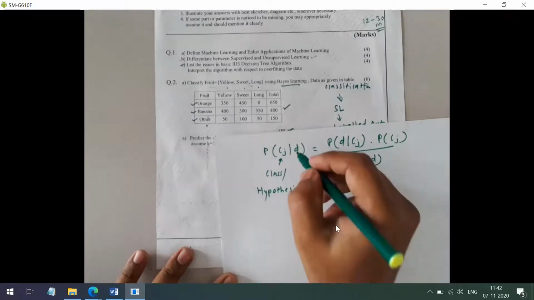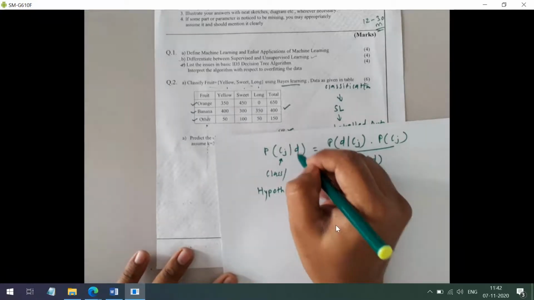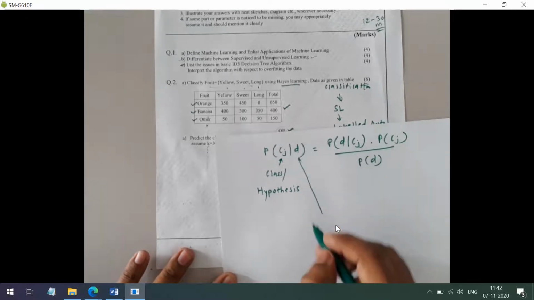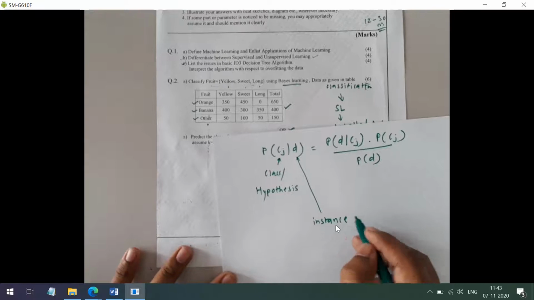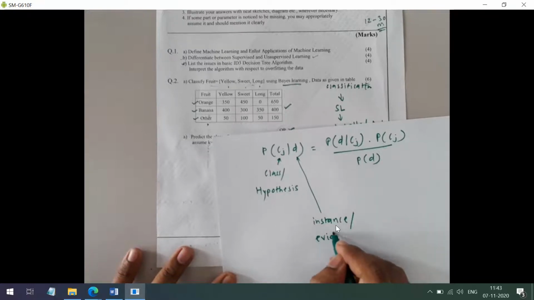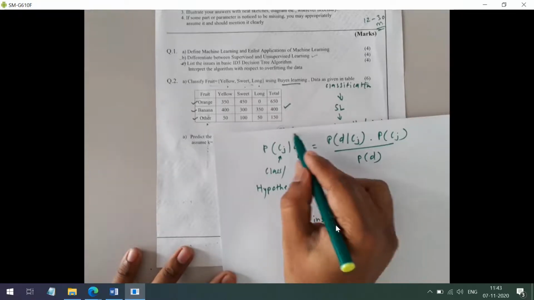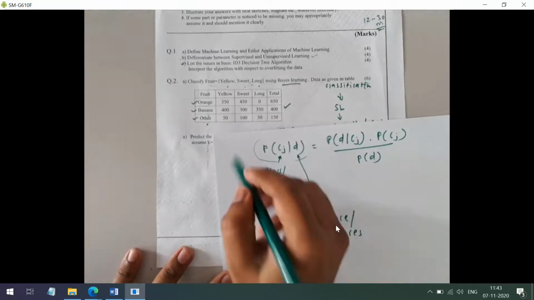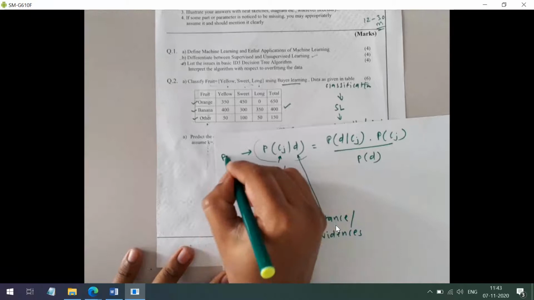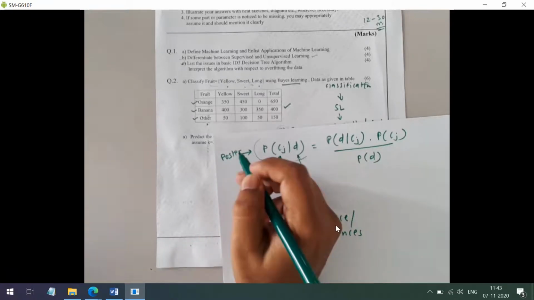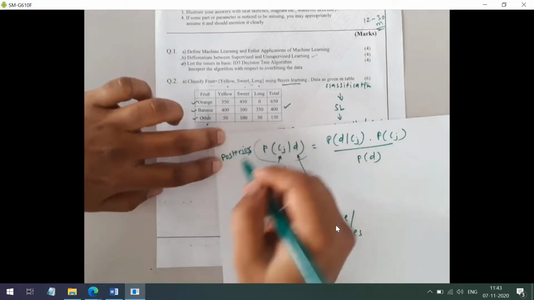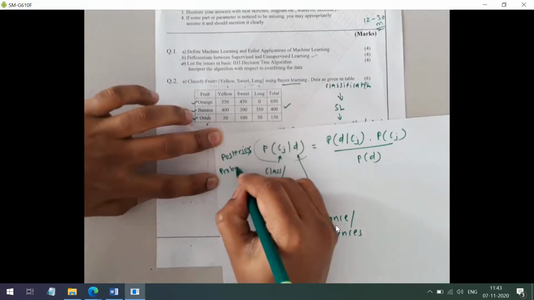This D is our instance. It is also known as evidence. And this entire term is known as posterior probability.